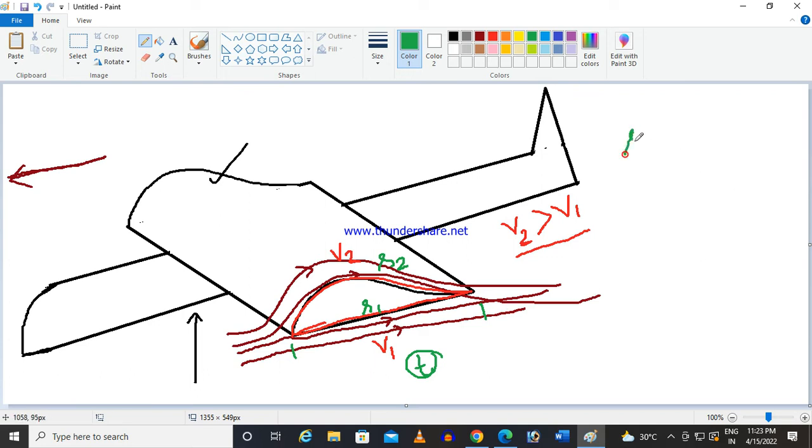Definitely this s2 is greater than s1. Now if I divide it by the time, definitely this v2 should be greater than v1. Correct?